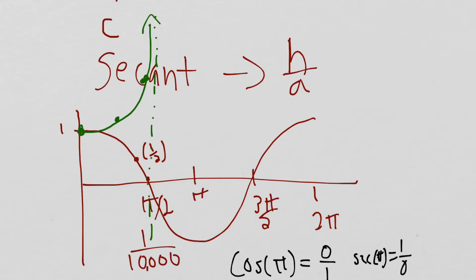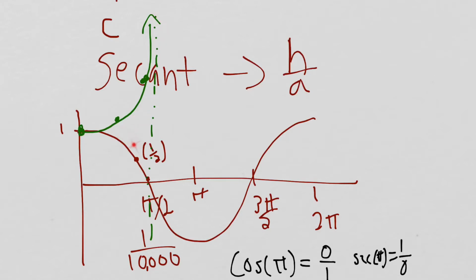And then as cosine approaches 0, I just picked off this point right here. Let's say that as a fraction, this point is 1 over 10,000. It's really small, really close to 0. So if it's 1 over 10,000, then the reciprocal is going to be 10,000. If we go further and hit a point where cosine is 1 over 100,000, then secant has to be 100,000.